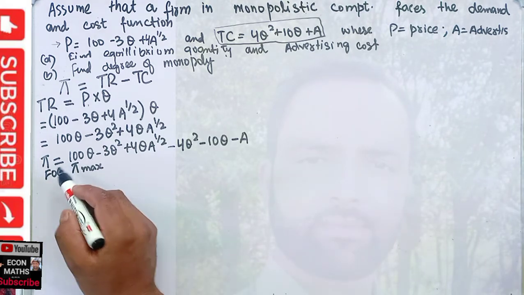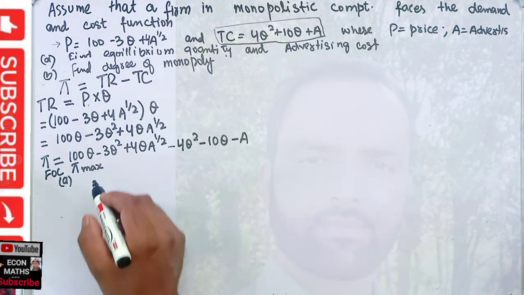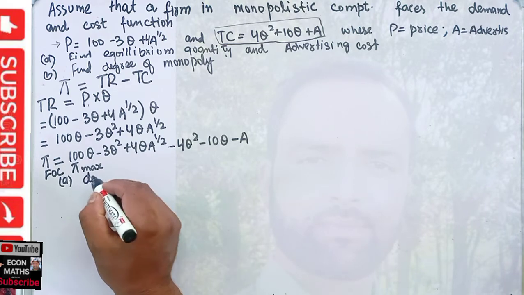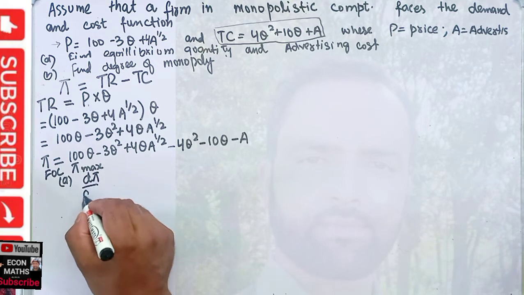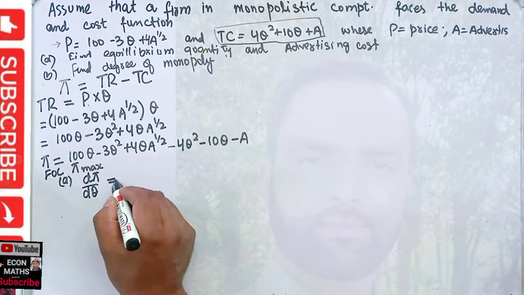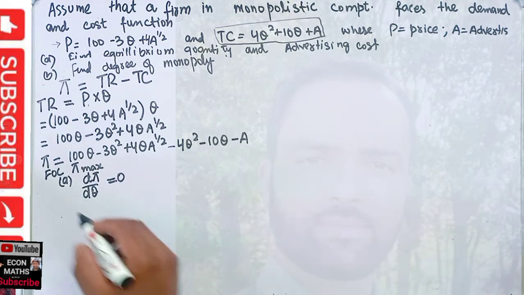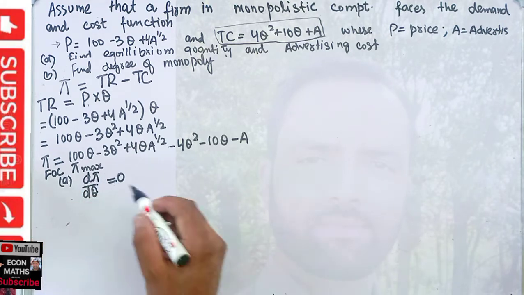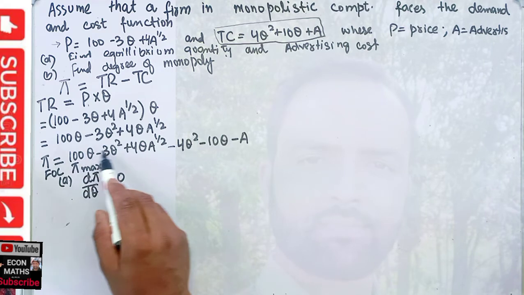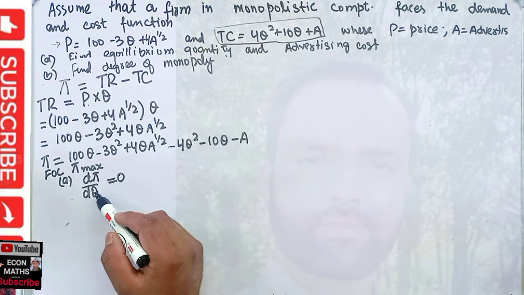The first condition is that the derivative of the profit function with respect to quantity should be equal to 0. So we have to differentiate this profit function with respect to quantity.